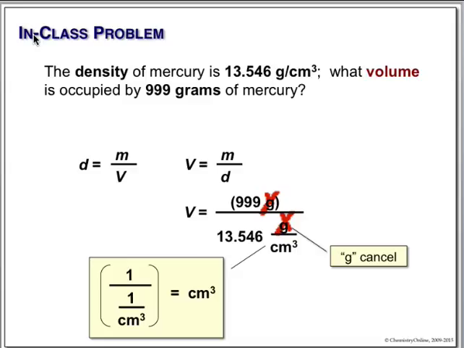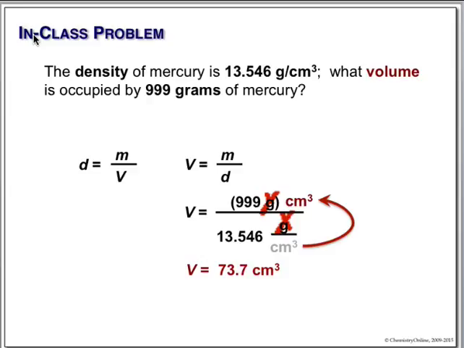So it's the same as moving cubic centimeter up to the top, and that gives us our volume measurement. So our calculation is simply 999 divided by 13.5, and that should give us about 73.7.